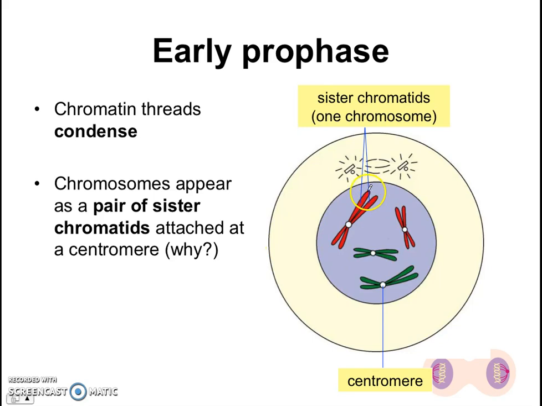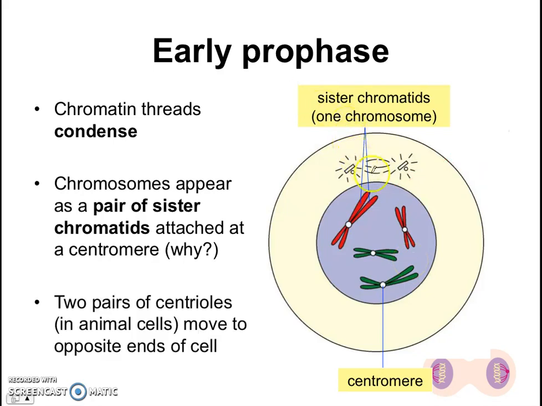Well, it's because these are replicated chromosomes. Remember, X-shaped chromosomes are the replicated ones. They are a pair of sister chromatids, and we refer to this as still one chromosome. So there are 4 replicated chromosomes in this nucleus.